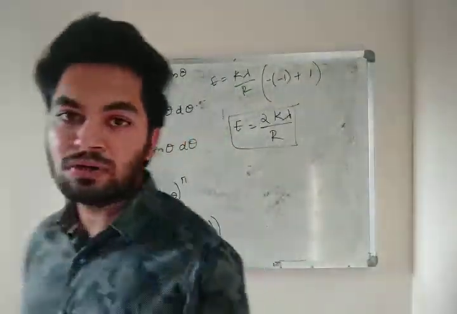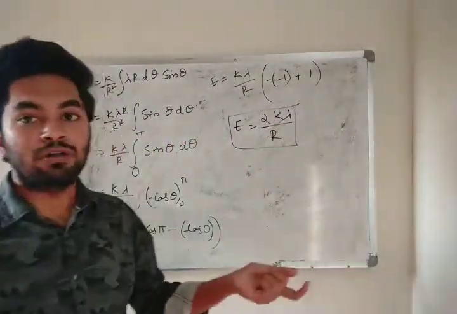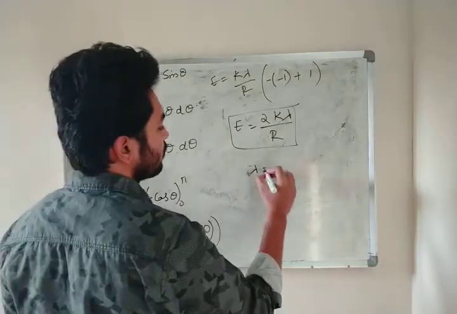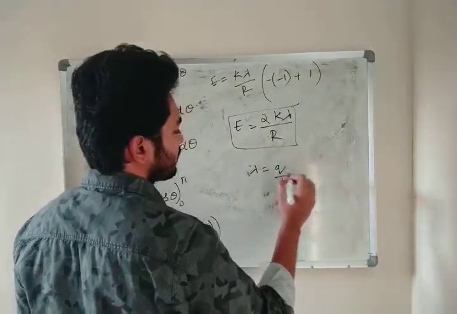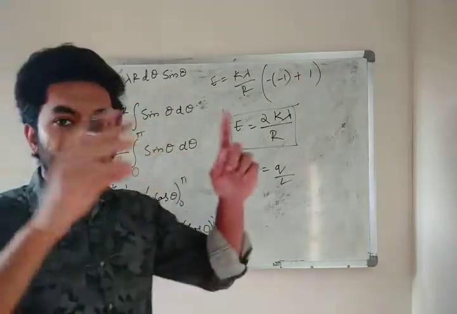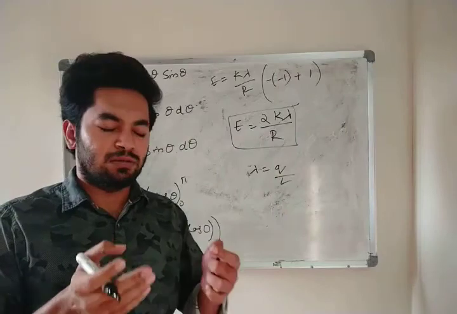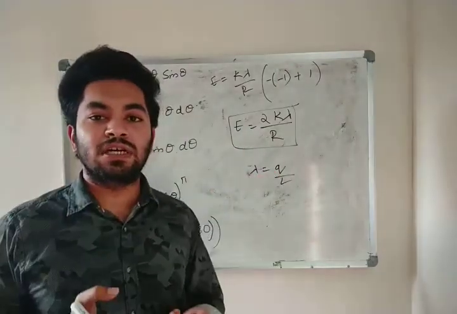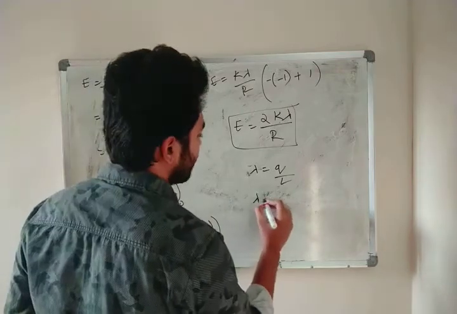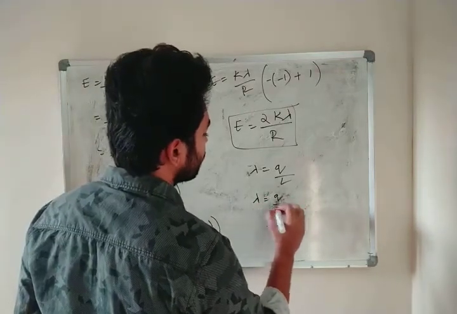And if you want to convert this lambda also, how do you convert lambda? I told you, charge by length. Now what is the length of the semicircle? The total circumference of a circle is 2 pi r, so for a semicircle it is pi r. So lambda is equal to Q by pi r.